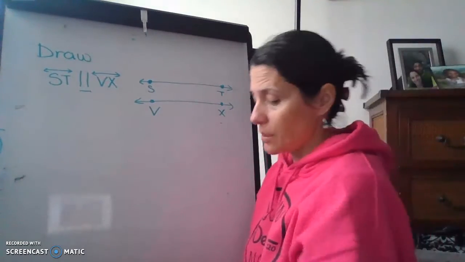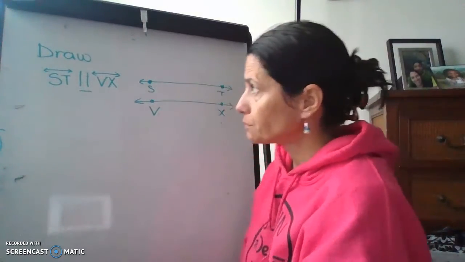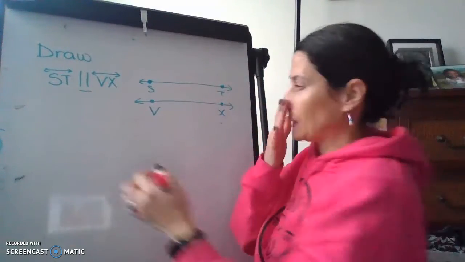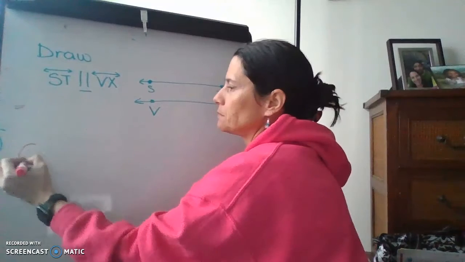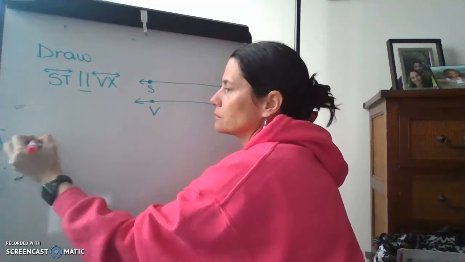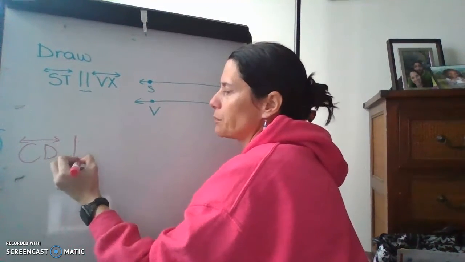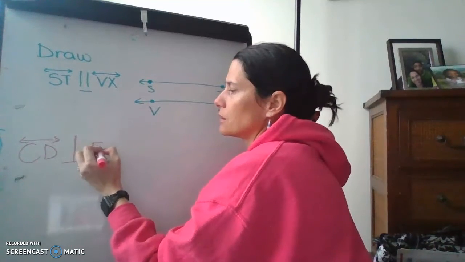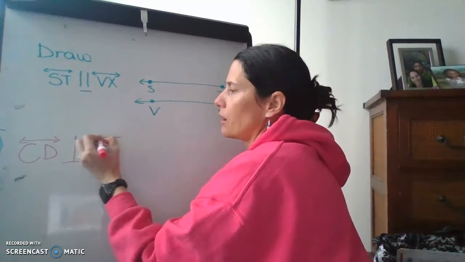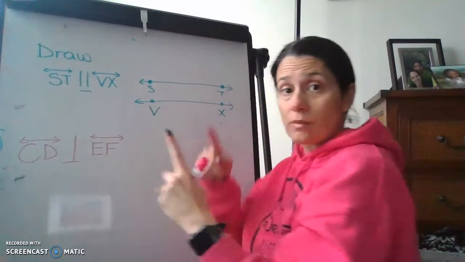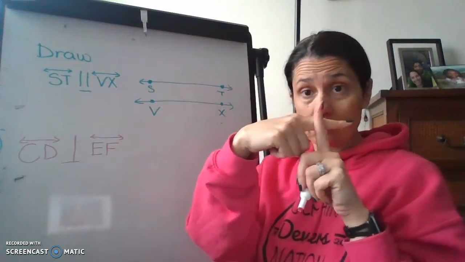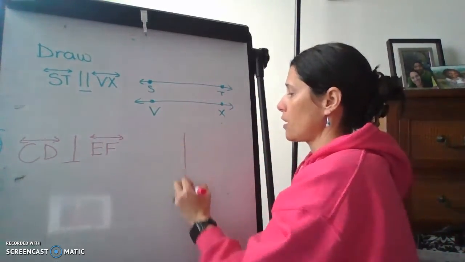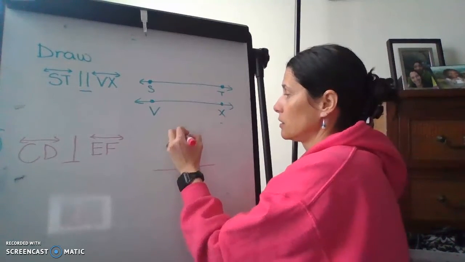And the same thing if it asks you to draw a perpendicular one. We're going to do CD is perpendicular to EF. So that just, remember, means they have to be like an X. So I'm going to go ahead and draw like a plus.